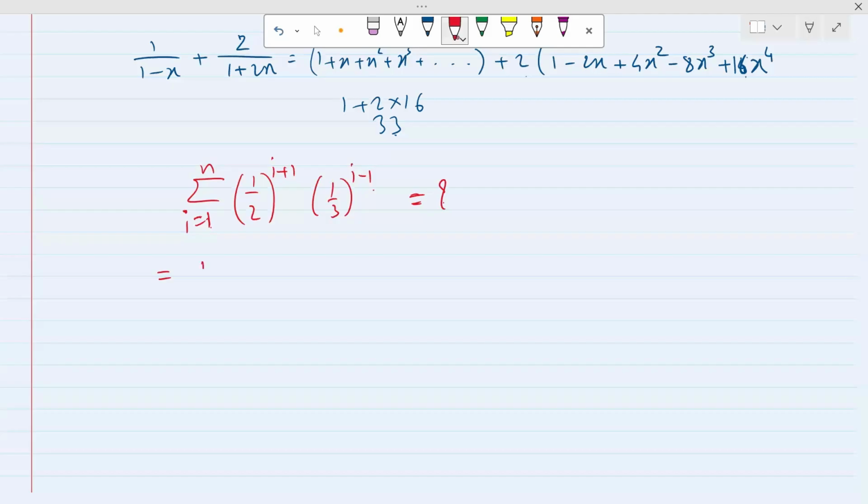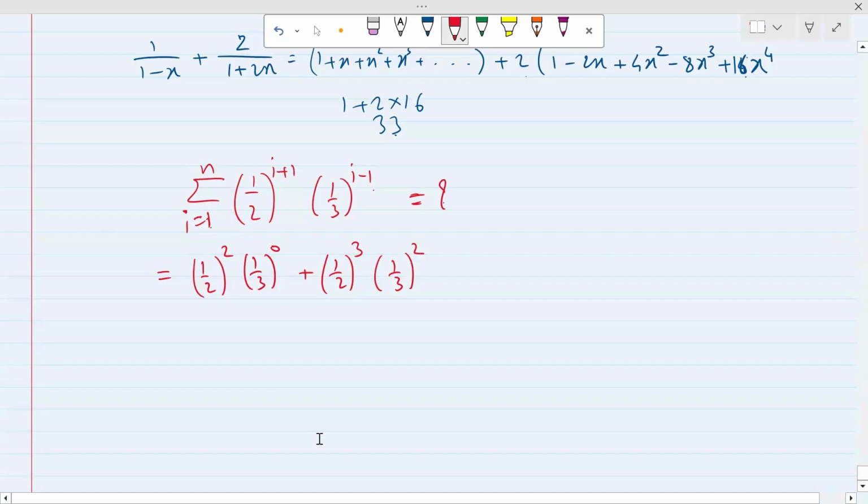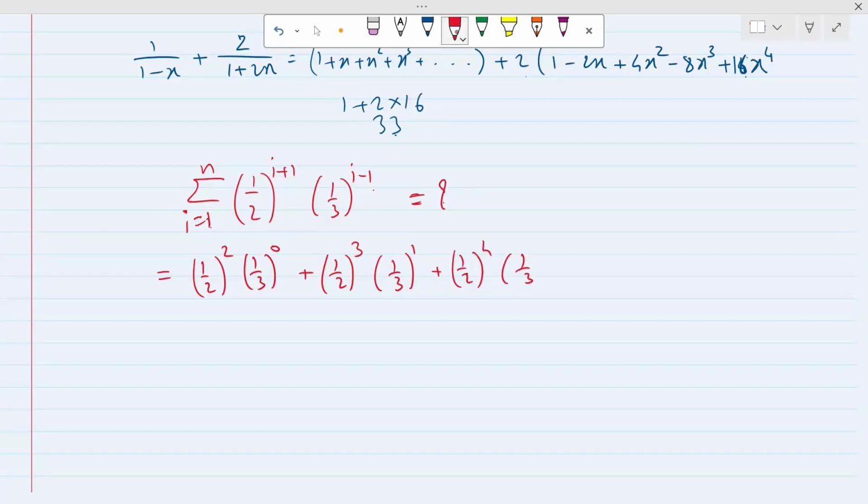So if you expand, what will you get? 1 by 2 square and 1 by 3 raised to 0, plus 1 by 2 cube and 1 by 3 raised to 1, plus 1 by 2 raised to 4 into 1 by 3 square, plus 1 by 2 raised to 5 into 1 by 3 cube. Is that what you want?